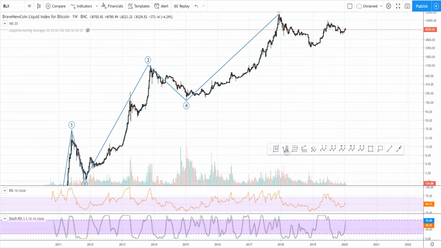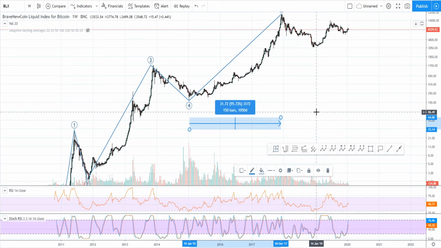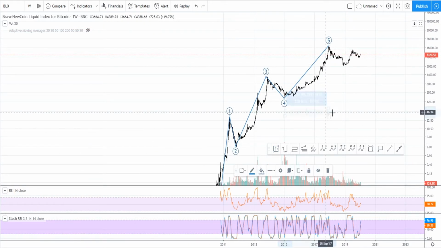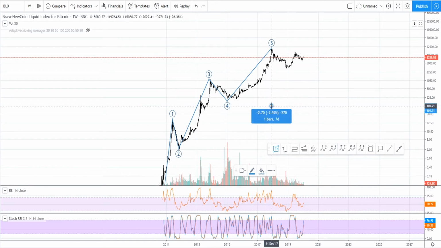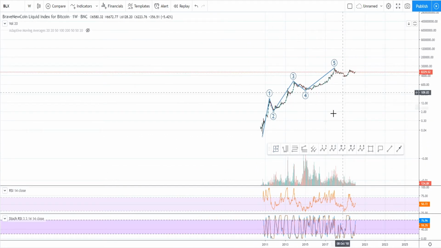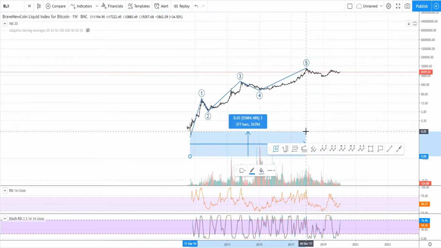If you then look at this wave 5, that's 1000 days. Wait, no, that's not right. What I mean is that we've got one big impulse right here. So let's see how long that took. That's 2,600 days.